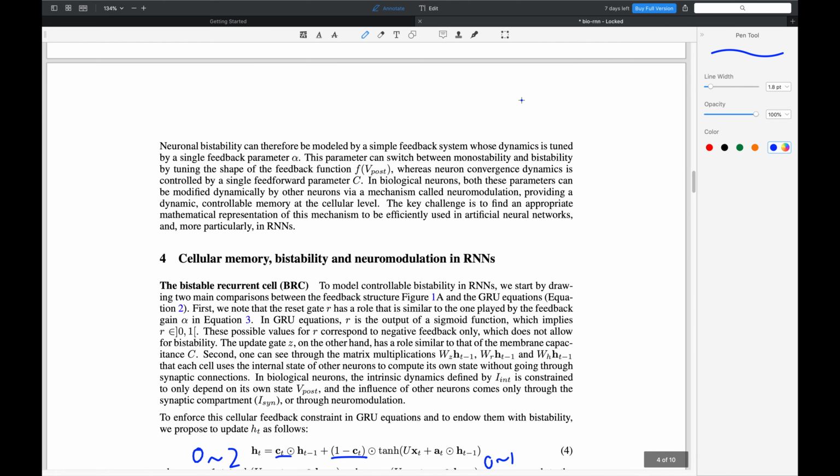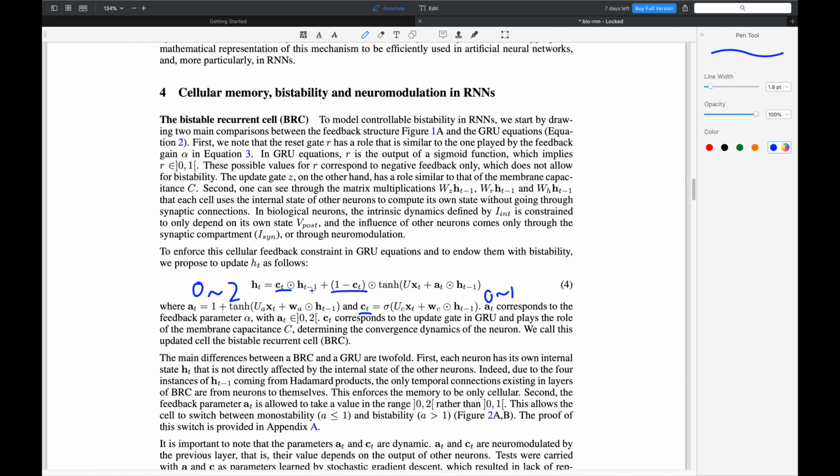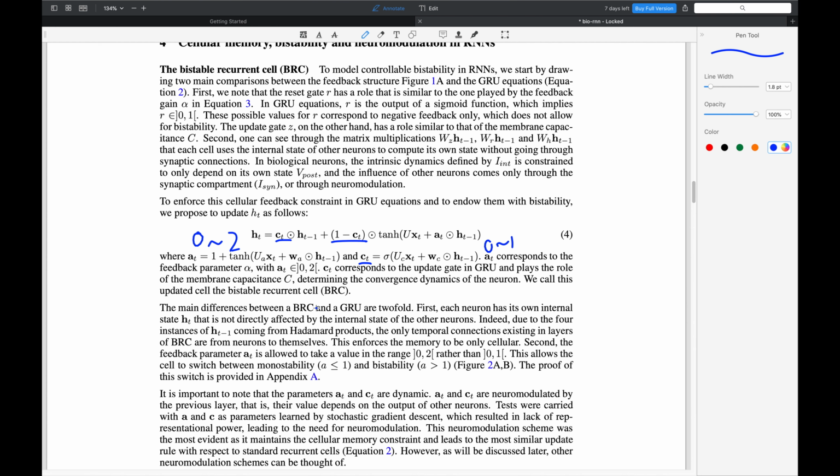So basically, alpha or A here isn't a fixed value in BRCs. It can be dynamically modified based on the input and the previous hidden state, which is exactly what biological neurons do. So you have this AT, and you can see that this is also similar to the GRU part, where xt is multiplied by a weight matrix and ht minus 1 is multiplied by not a weight matrix here, but alpha t instead, which has a value of 0 to 2.